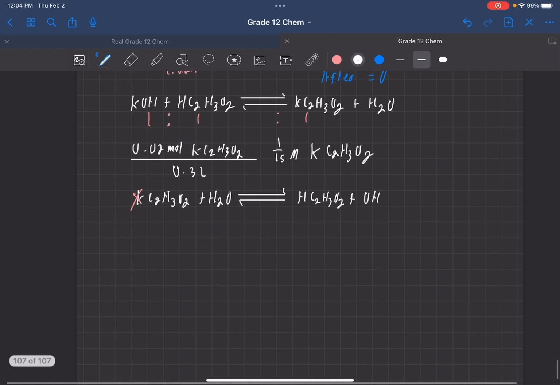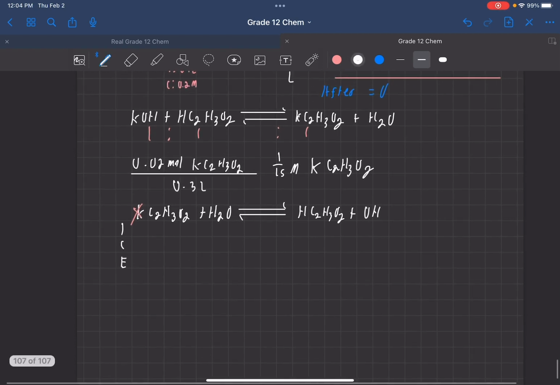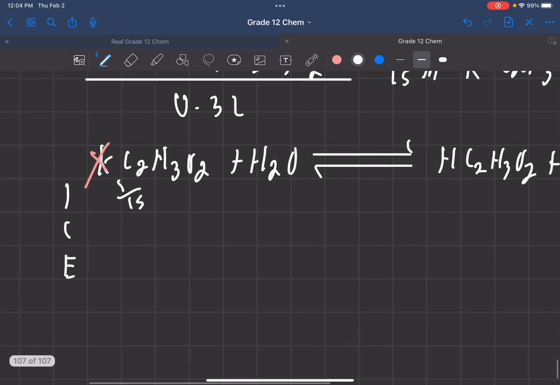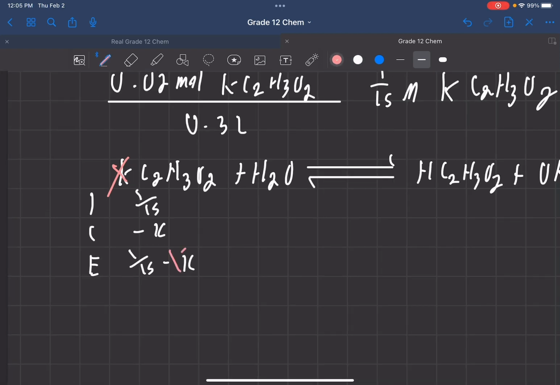Okay, so let's do the ICE. So initially, we said that we have 1 over 15 moles of this. So 1 over 15. And what is the change? Well, just minus x, right? And we have 1 over 15 minus x. And as we said before, that x is negligible because this 1 over 15 is a lot greater than the Ka.